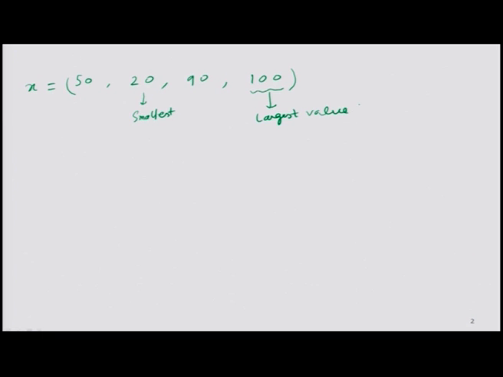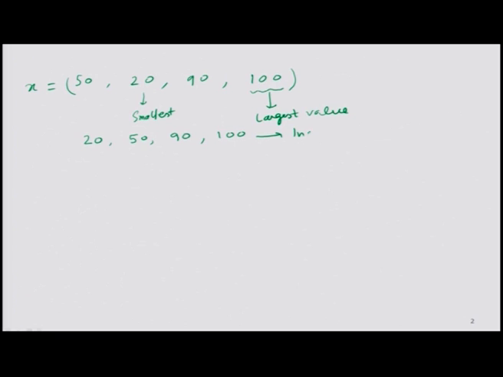Now, there are two more values which are contained between 20 and 100, and if you try to rearrange these four values in the increasing order of magnitude, then this can be written as 20, then 50, then 90 and then 100.